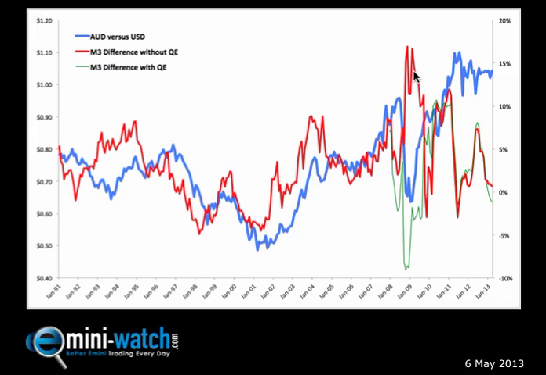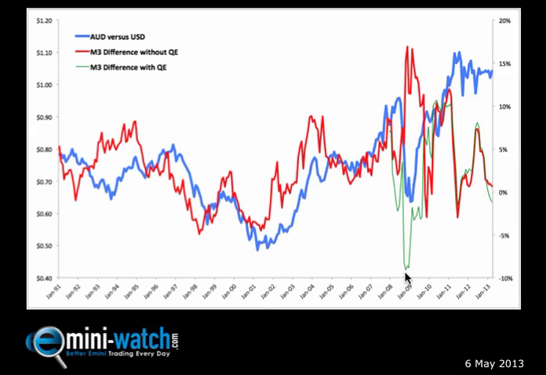The red line is if you take out the impact of QE and TARP and so on, and this is what should have happened to the Aussie dollar. So that's an interesting side argument here, and you can see the magnitude of the difference is absolutely huge in terms of money supply growth, and that was the impact of what they did in the US to grow the money supply faster than it was growing in Australia.